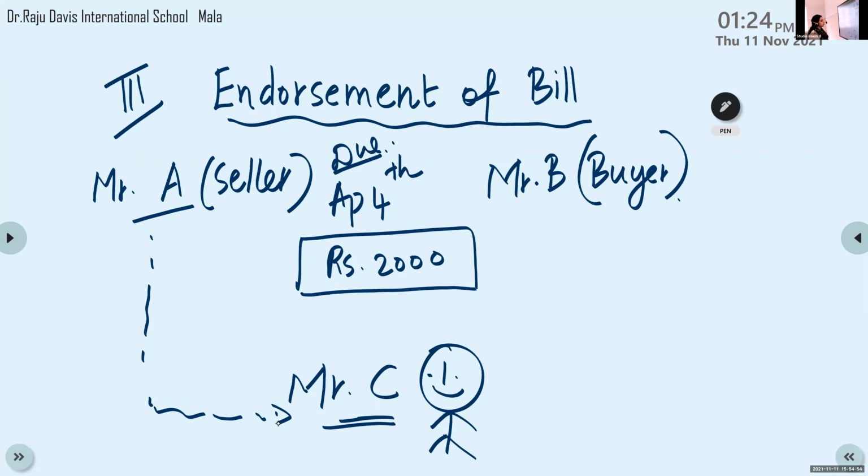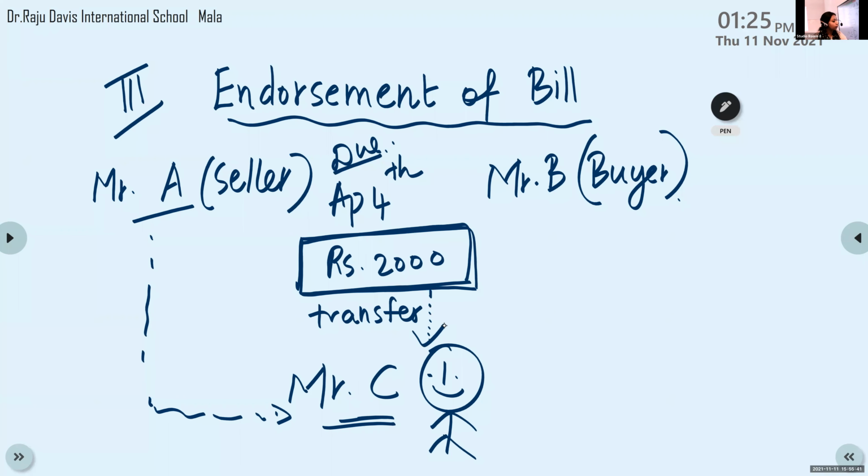So now what Mr. A does is, he will transfer this bill, the bill drawn on Mr. B, to C. So Mr. A is giving this bill, which he will be receiving from Mr. B, the amount of rupees 2000, to C, and he is telling him, take this bill.